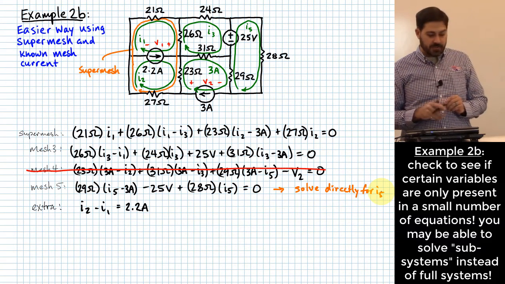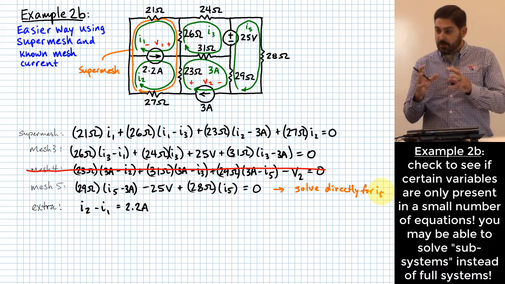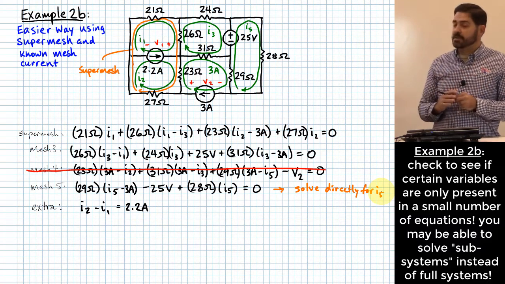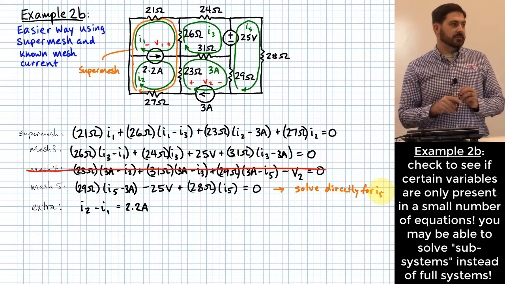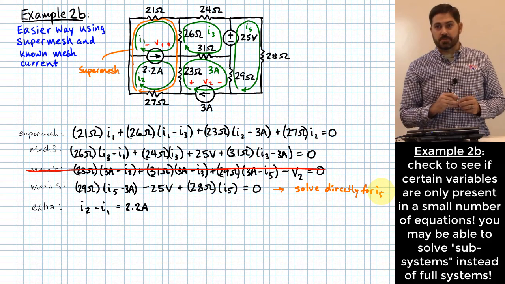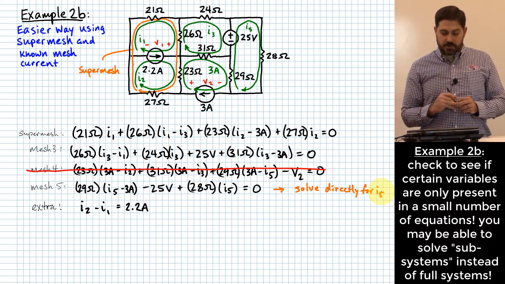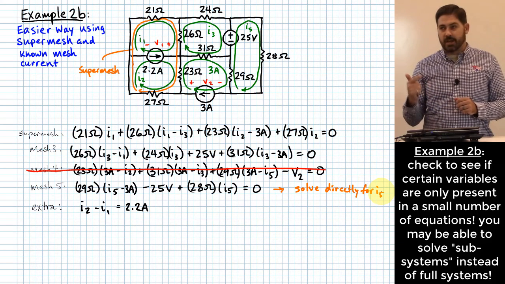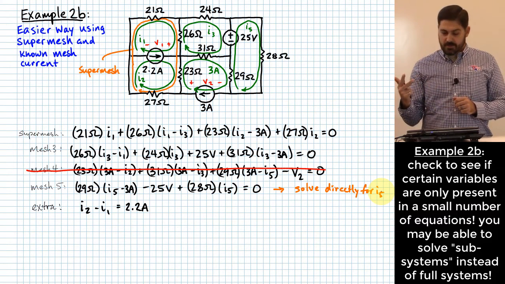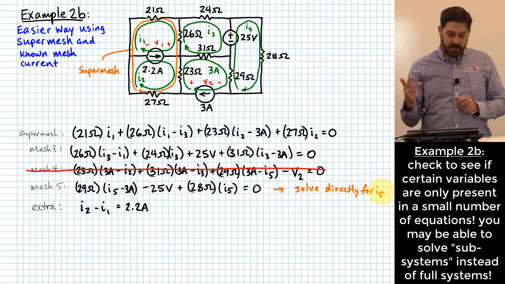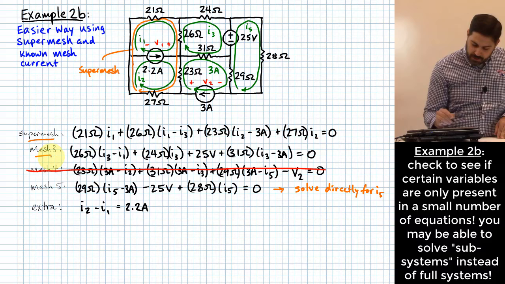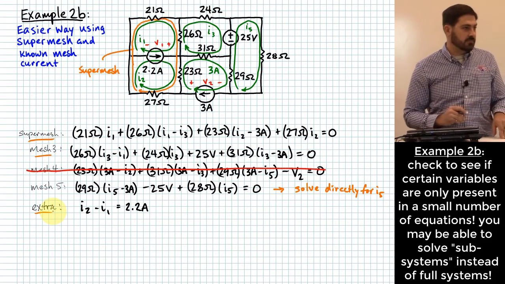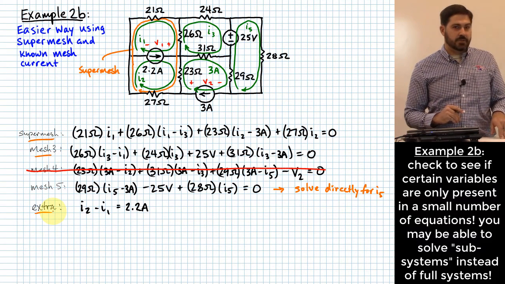So essentially, if I eliminate that equation from the overall system, what does that reduce me to? 3 equations, 3 unknowns, right? The 3 unknowns are I1, I2, and I3, right? The 3 equations are the supermesh, mesh 3, and the extra equation, right?